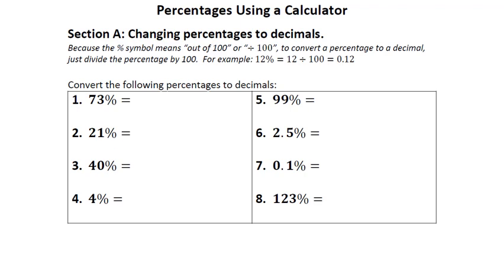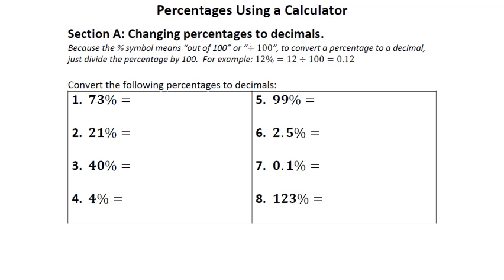Now, 21% turns into 0.21 and 40% into 0.40, which is the same as 0.4. But a lot of people will start to think they see a pattern and then extend the pattern to 4%. But you should notice that 0.4 is what 40% gave us. So for 4%, we're going to need to do 0.04.